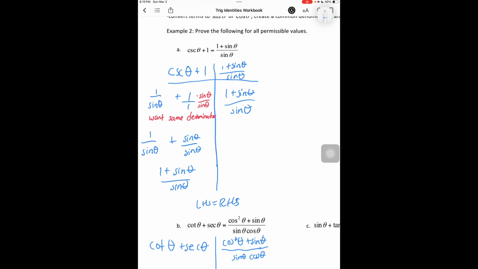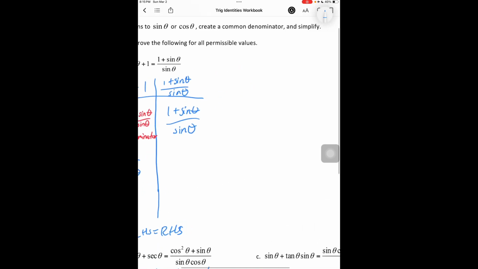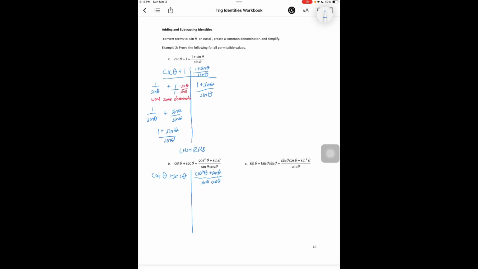And also, it doesn't matter which side you start with, whether it's the left or the right side. It's up to you, as long as you're able to prove that both the left and right side will look and equal the same thing. I just prefer doing it this method, but it's up to you how you want to approach it. You won't get docked marks if you choose to do the right side first.